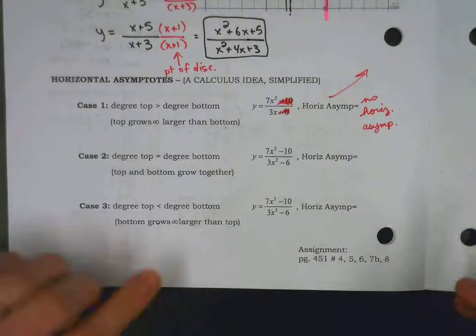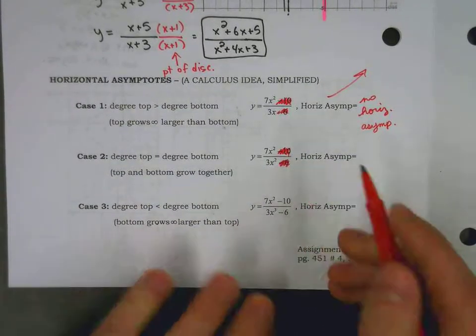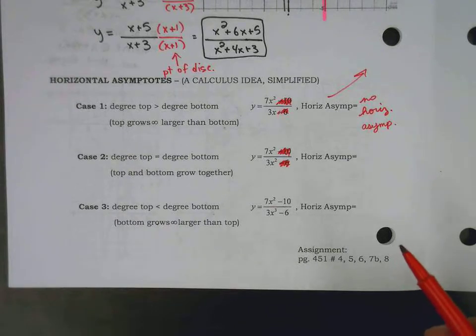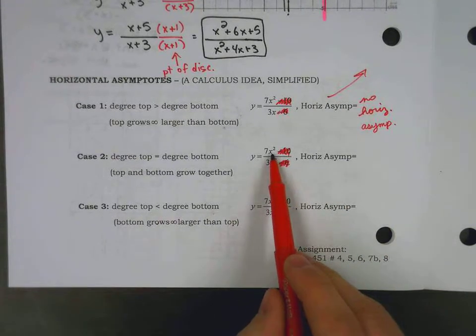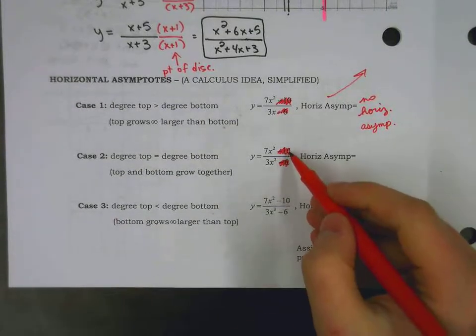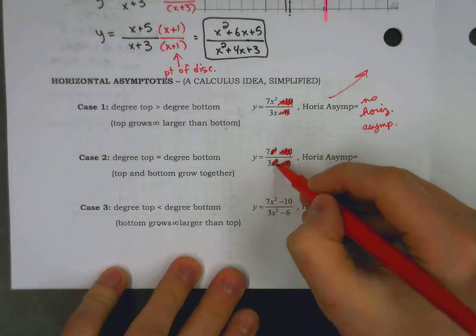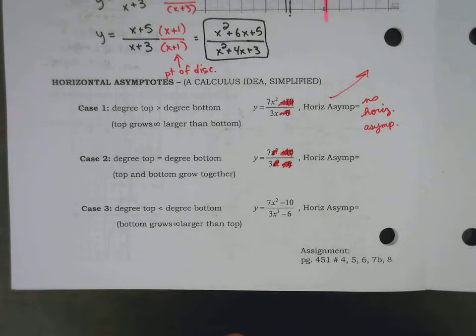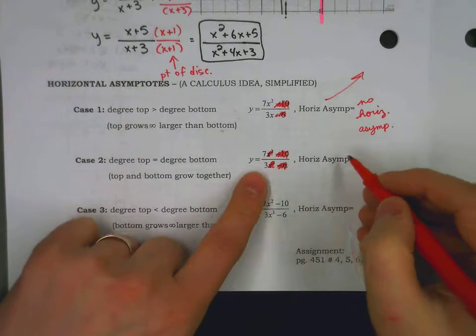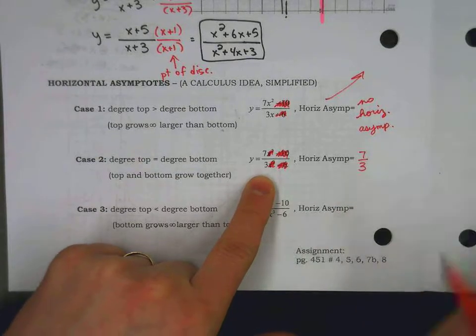Another case. What if this minus 10 and minus 6 became irrelevant numerically as we're growing, with an x squared and an x squared? The billion squared and the billion squared kind of cancel out. They behave the same. And so all that's left as you plug in very, very big numbers is a 7 over 3.